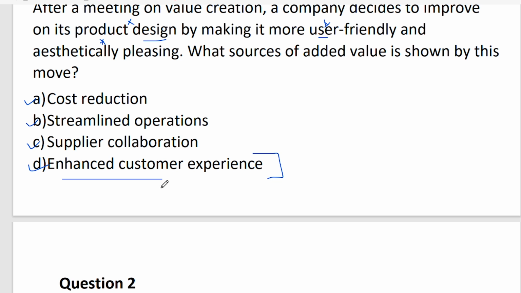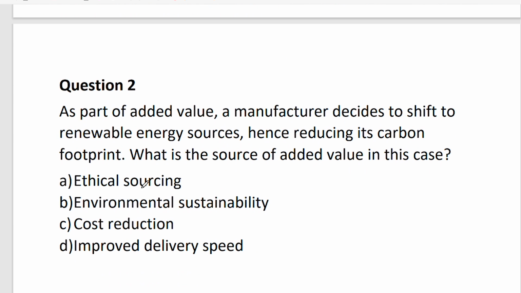The next question is question 2. As part of added value, a manufacturer decides to shift to renewable energy sources, hence reducing its carbon footprint. So obviously that's an example of sustainability, environmental. What is the source of added value in this case?